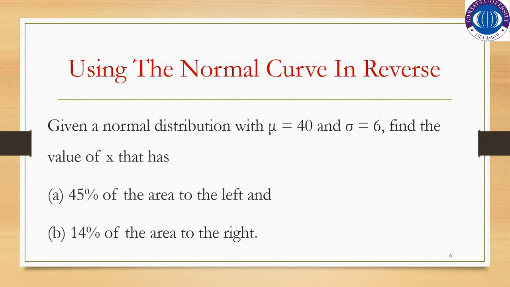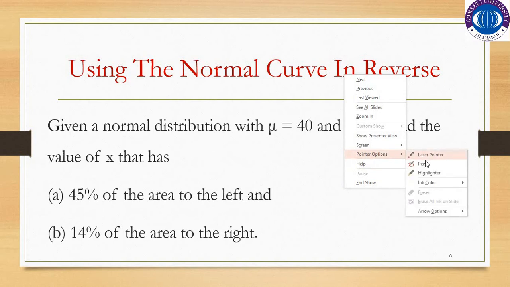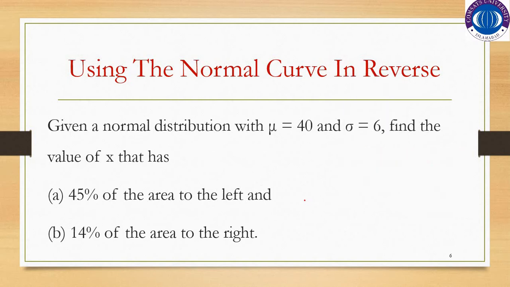Using the normal curve in reverse, given a normal distribution with mu is equal to 40 and sigma is equal to 6, find the value of x that has 45% of the area to the left. So if we say the 45% of the area to the left, it means if we draw the normal curve, which is like this, and here we will have the mean.